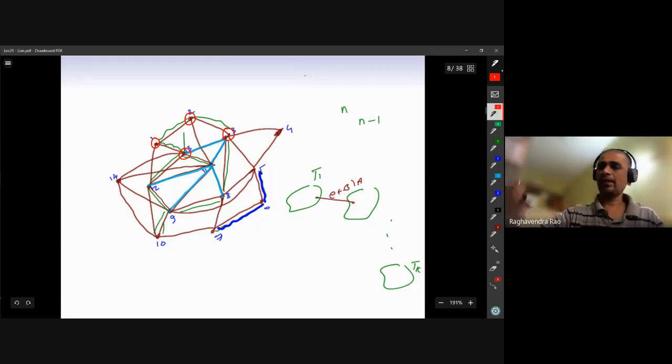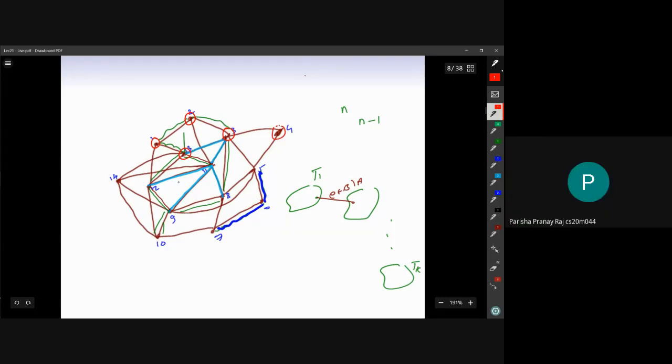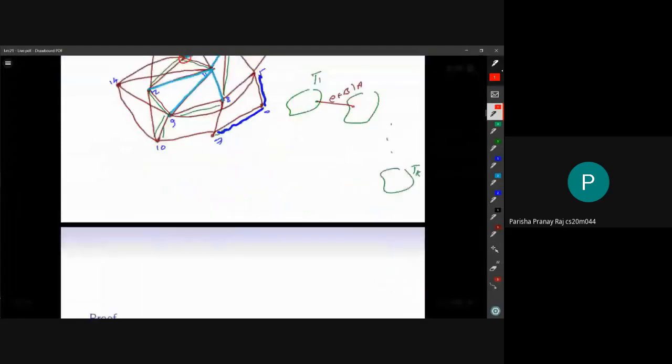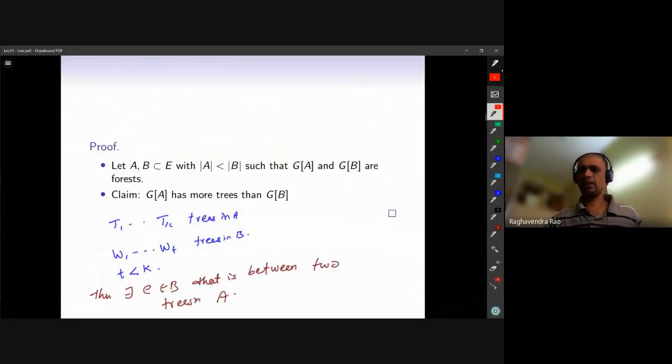So when I count, how did I count the trees? I counted all isolated vertices as trees. Oh, okay. Then that's the main thing. Yes, I understand. That's a trick there.